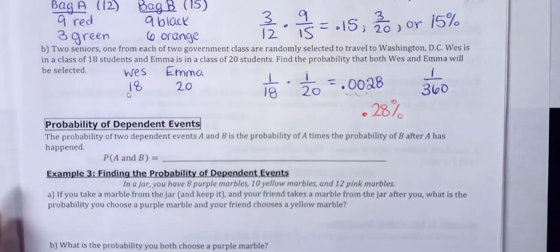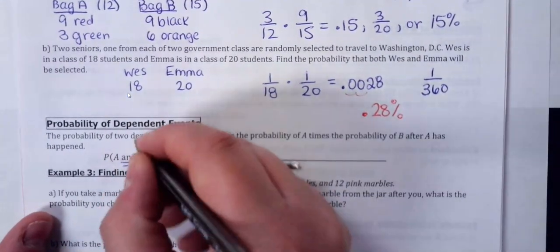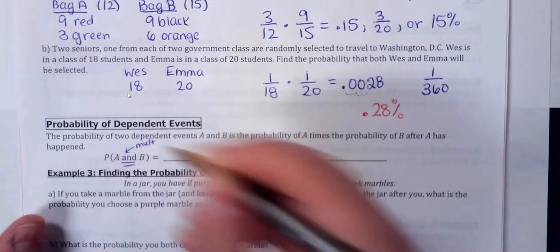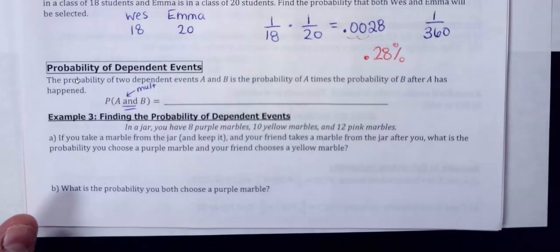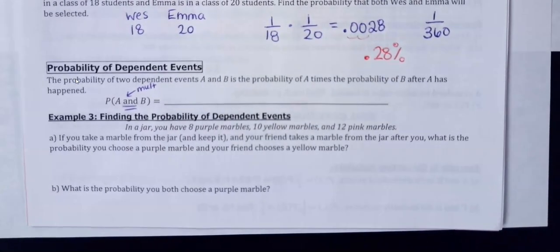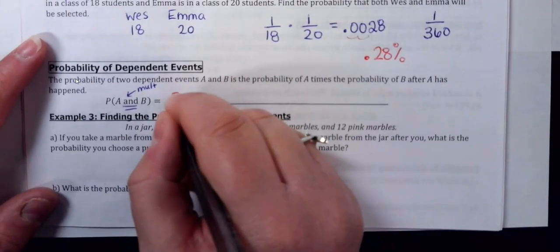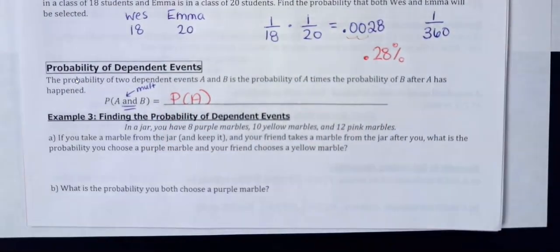We're going to multiply again. So anytime you see the and, I want you to think multiply here. Multiply these. If you have a dependent event, remember the probability of the first event happening somehow affects the second probability happening. So what you want to do, you can do probability of your first event. It's just labeled as A for the whole formula here.